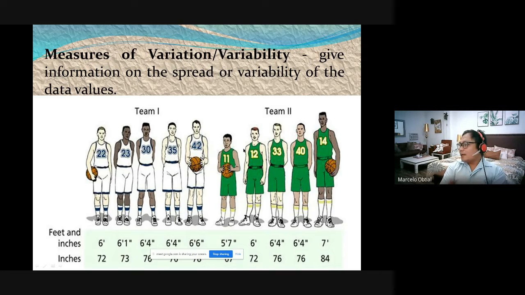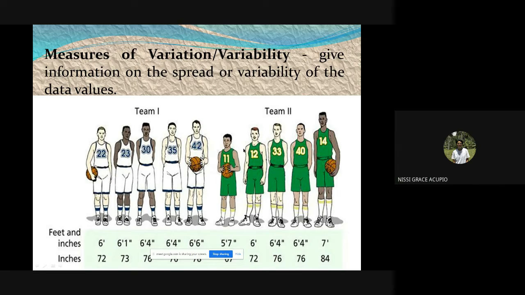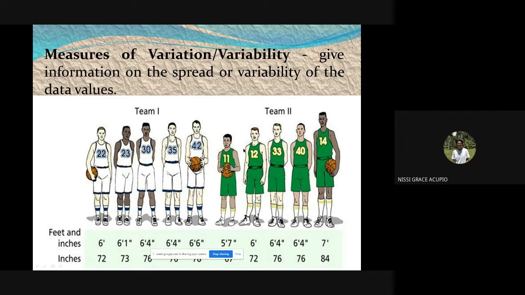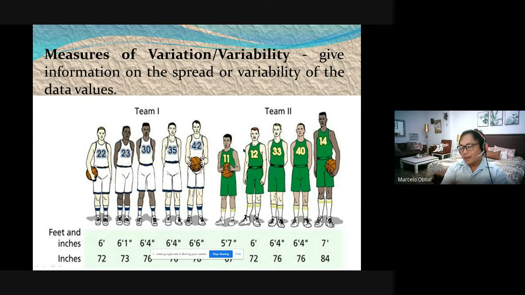Meron ba nag-oppose kay Ayan? Team 2, sir. Bakit Missy? Bakit Team 2? Kasi sir, kung hetero, ibig sabihin iba-iba. Ang ginaas mo man sir is pagkakaiba. Tapos malaki man yung interval ng pinakamaliit sa pinakamalaki sir. Like, sinabi mo kanina. Okay, so nag-agree tayo. Actually, I also pick Team 2. Kasi nga, kung titingnan ko visually, kahit hindi ko tingnan yung ilalim, maraming variation sa heights ang Team 2.